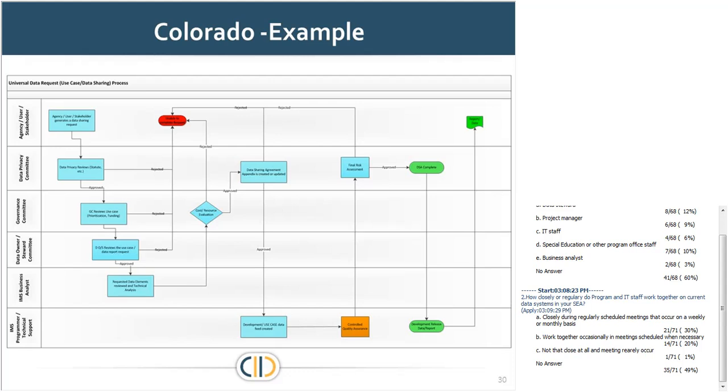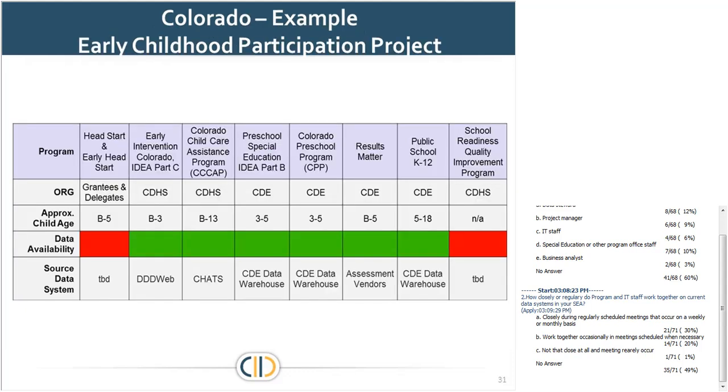This slide also shows, from data requests all the way to reporting back to the requester, all the things that happen at a high level. So the Early Childhood Participation Project that we're working on right now is pulling together data from different agencies.